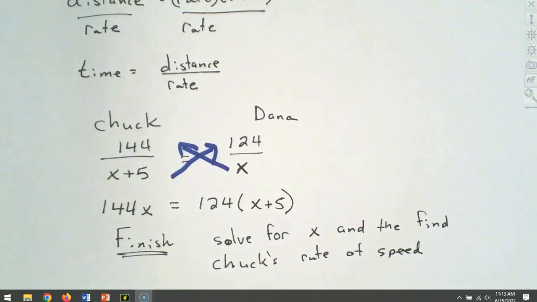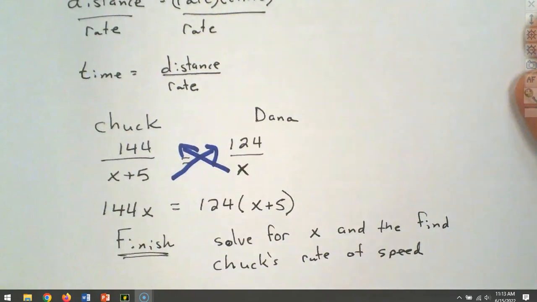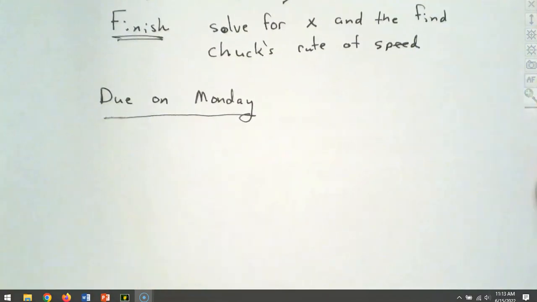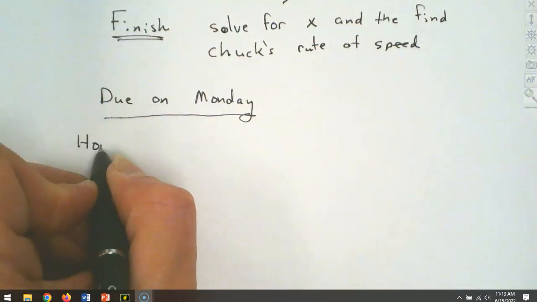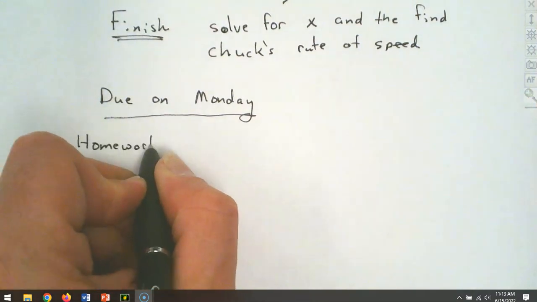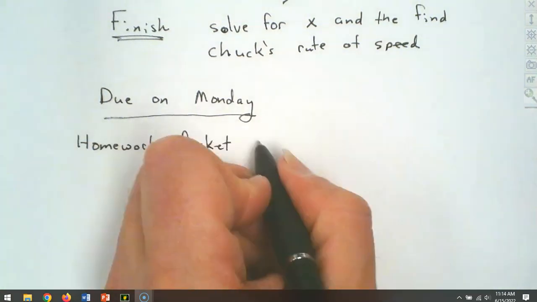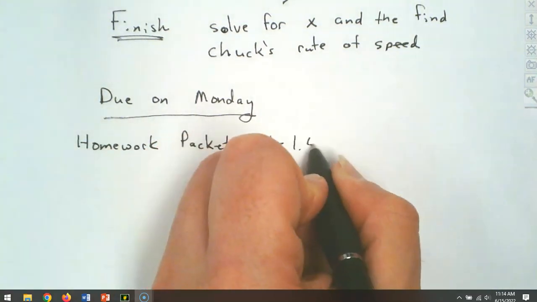So that should now take care of the lecture for today. So I'm going to let you out a little bit early. You've got plenty of things to work on. Let's talk about what's due on Monday. So what's going to be due on Monday is your homework packet, 1.1 through that 1.4.